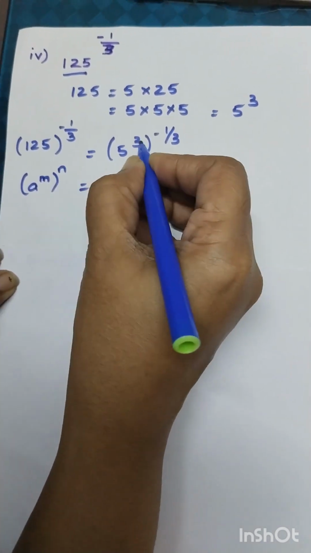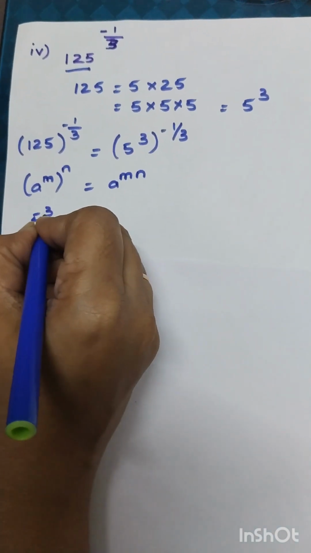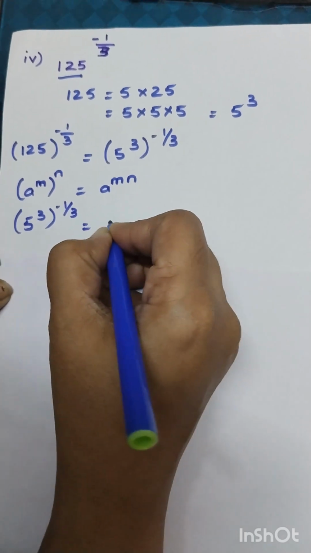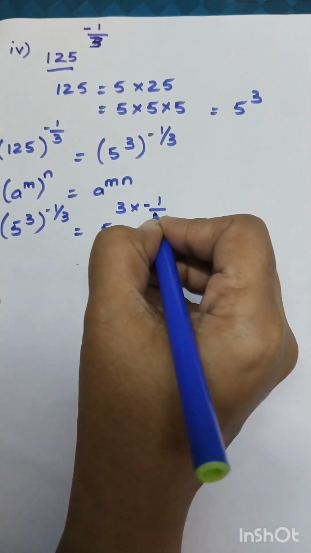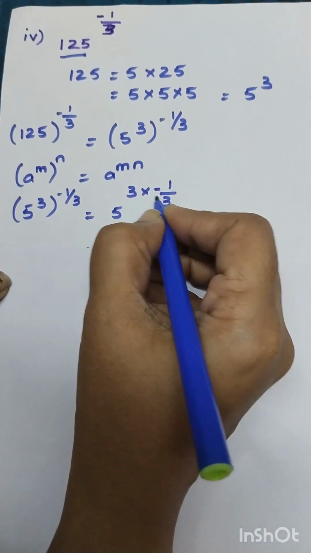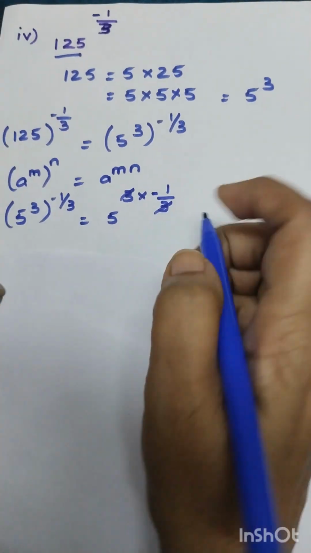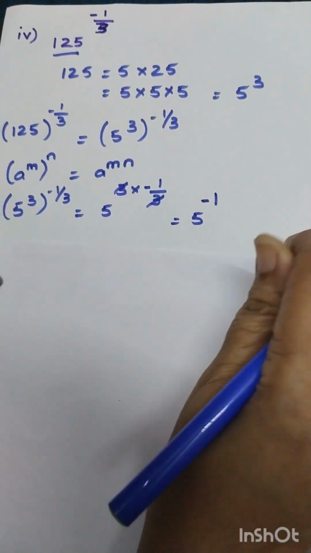So 5 cube to the power of minus 1 by 3. What does this give? 5 to the power of 3 into minus 1 by 3. Right? Can we cancel the numerator and denominator? Yes, of course. This and this can be cancelled. So what do we get? 5 power minus 1. This is the answer.